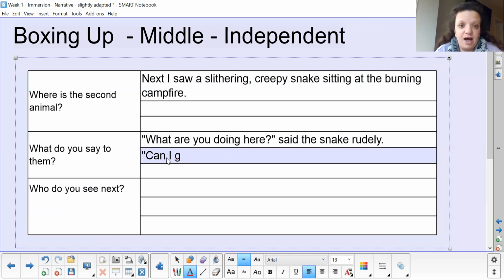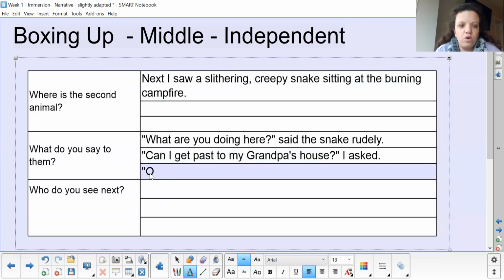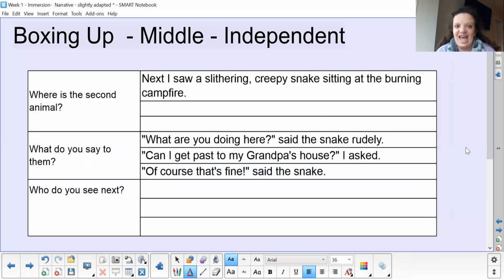Can I get past to my grandpa's house? Question mark, that's a question. I asked, because that's what we use when we're asking a question. Of course. That's fine, said the snake.